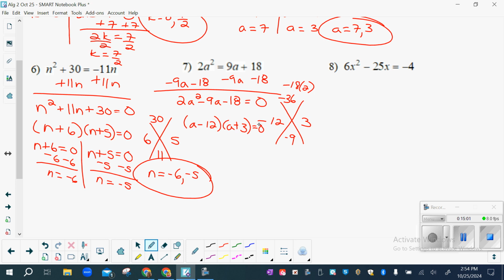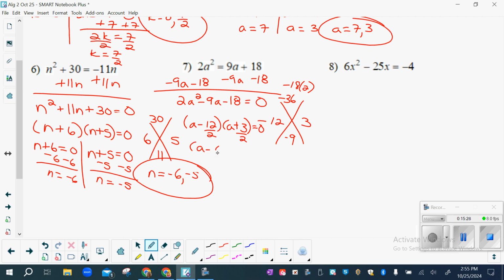What do you do next here? Divide by 2. Yes. Really easy to forget to divide by 2. Thank you, Dexter.